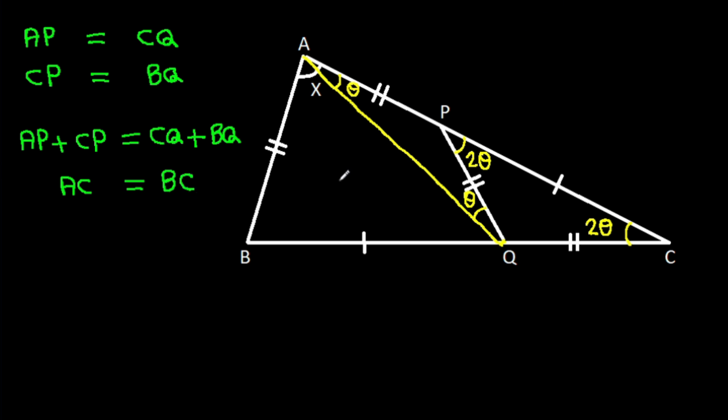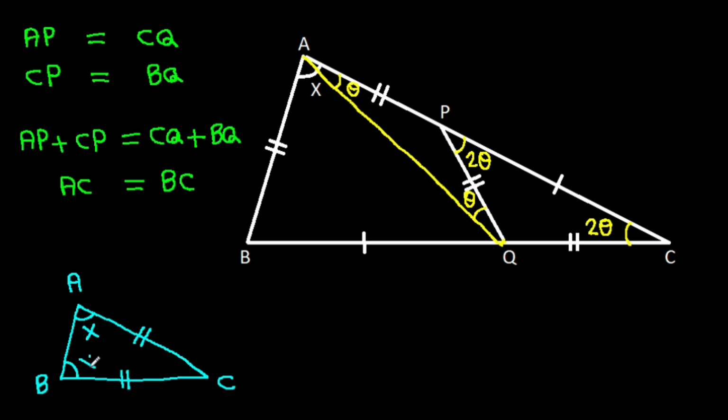And now in triangle ABC, it is A, B, C. We have AC is equal to BC. That means these two angles will be equal, and this angle is X. So this angle will also be X.